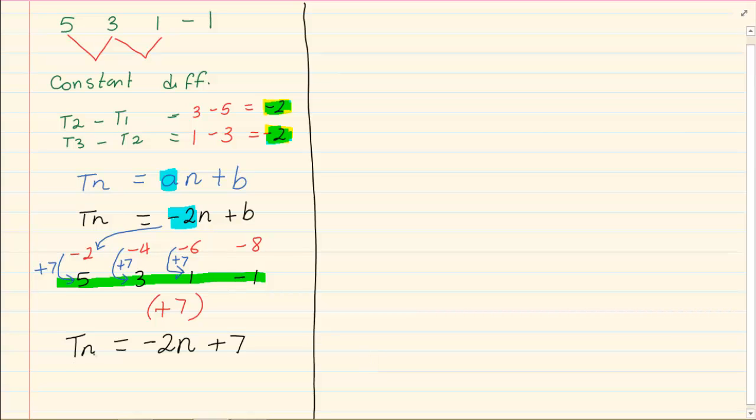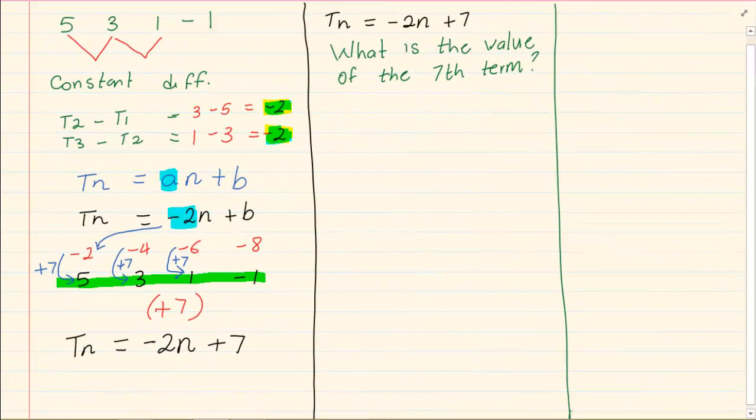Now we have that the equation is Tn is equal to minus 2n plus 7. Now look at the question. They are asking you what is the value of the 7th term. The most common mistake we have is that pupils are not sure what is given when they are saying the 7th term.